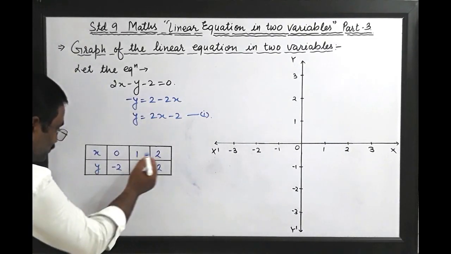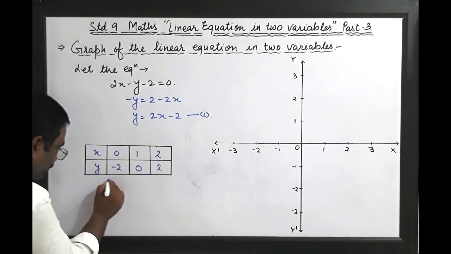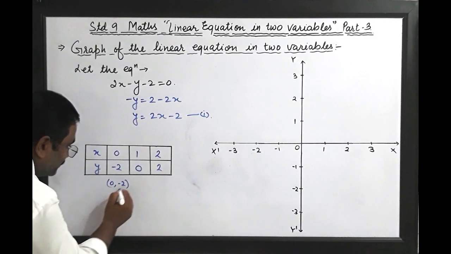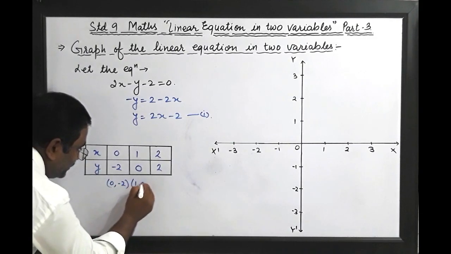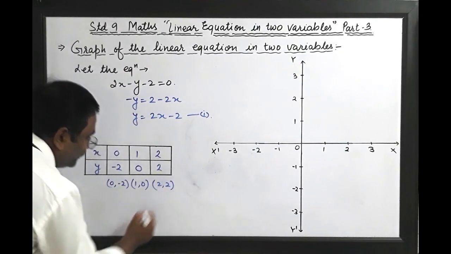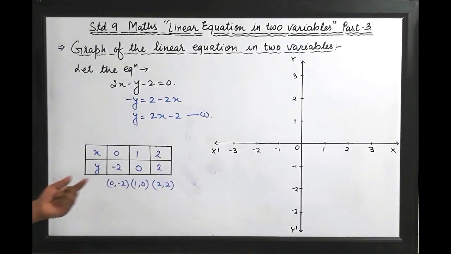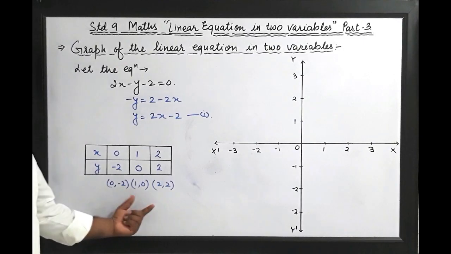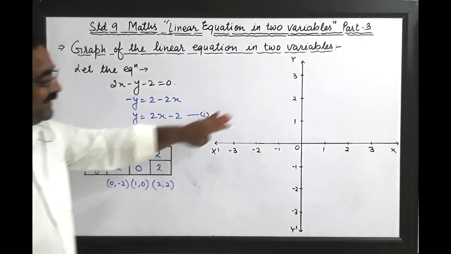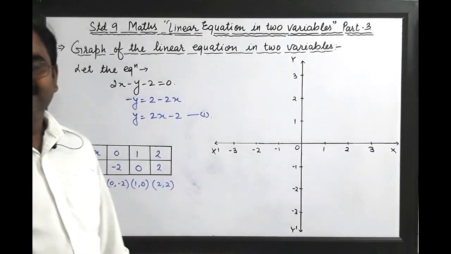As we got 3 solutions, our ordered pairs are 0, minus 2; 1, 0; and 2, 2. So these 3 ordered pairs, meaning 3 coordinates, we have to plot in our Cartesian system.